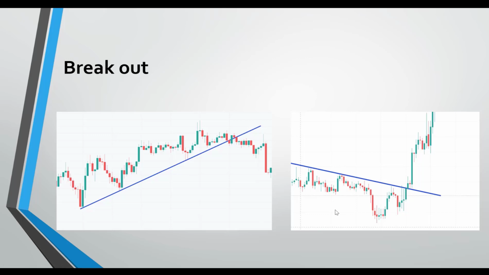After every touch of this line, we had a change to bearish, but finally at this point, we can see that we have a change, we have a breakout. So the price could break it out and change the trend to bullish. Something you can see here is called pullback.